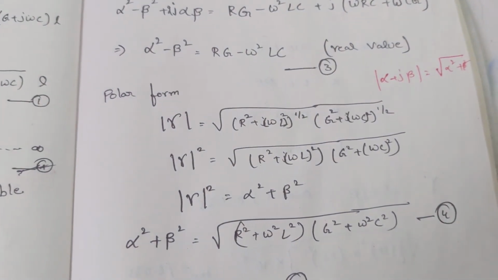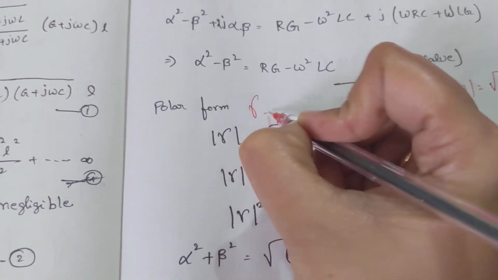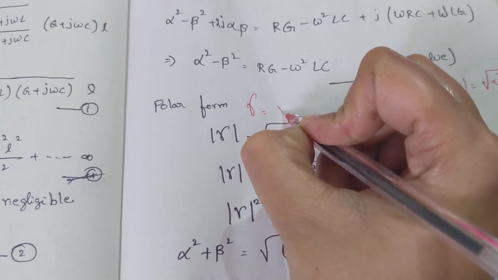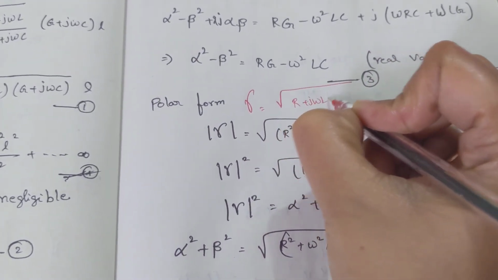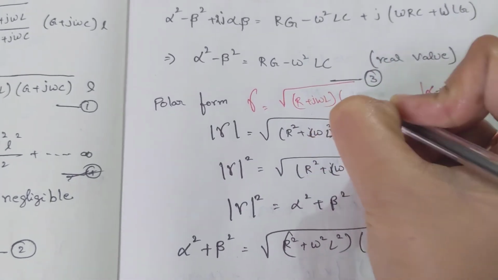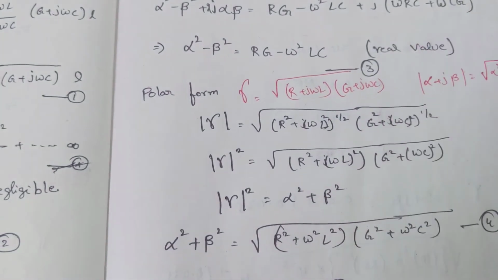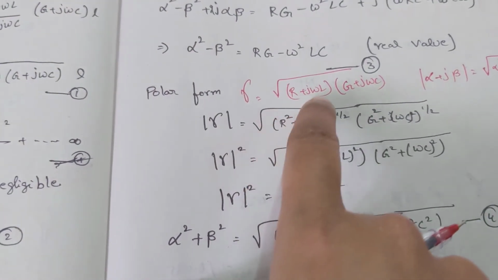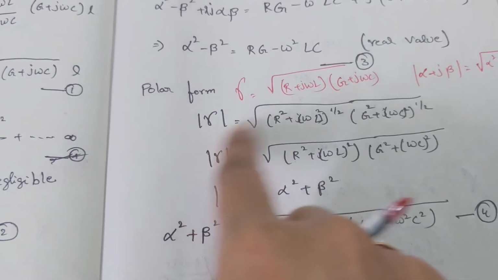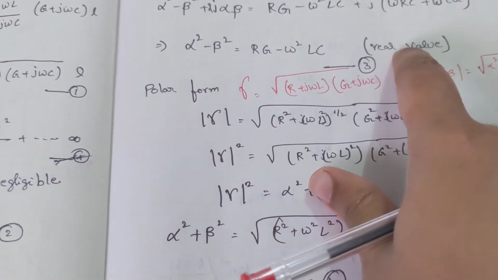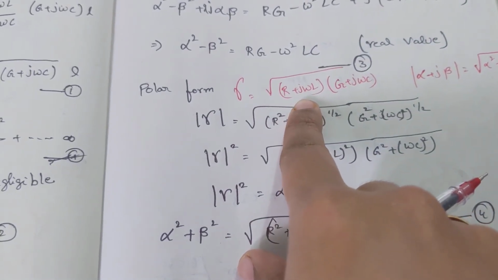The same thing we are repeating here also, but what will be your gamma? Gamma value will be equal to square root of R plus j omega L into G plus j omega C. Friends, please observe here, I need to find the polar format of gamma, so the modulus of gamma. Now under the square root element I need to find the modulus value.